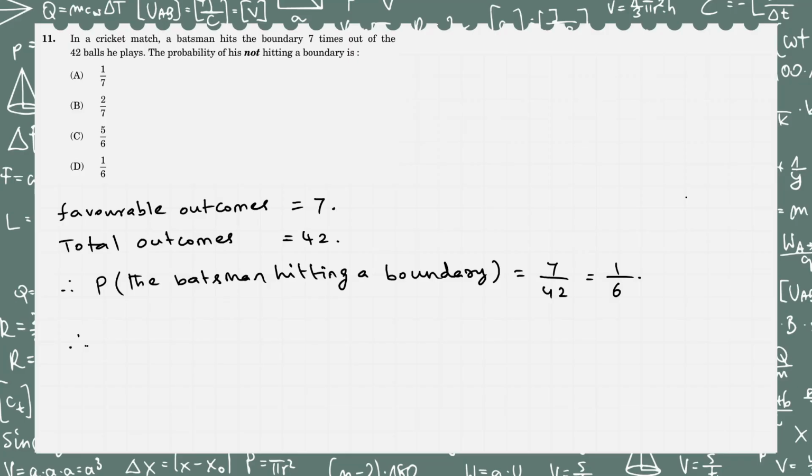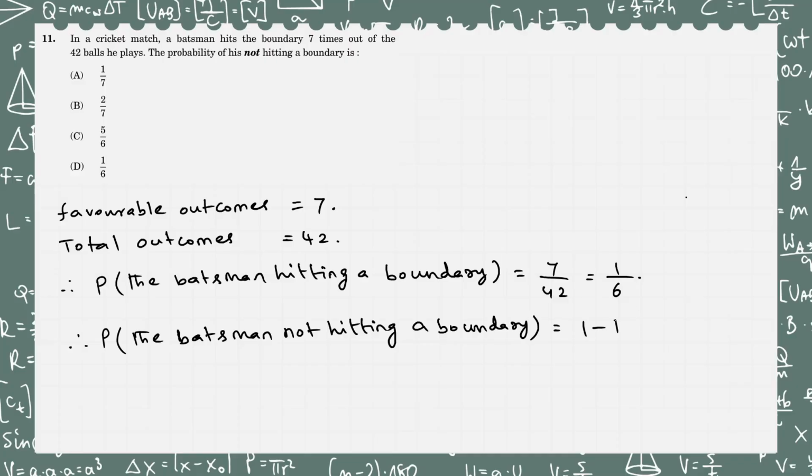So, therefore, the probability that the batsman does not hit a boundary will be equal to 1 minus the probability of the batsman hitting a boundary, right? How do we know that? Because the probability of the complementary event will be equal to 1 minus the probability of the event. So we are applying that concept only.